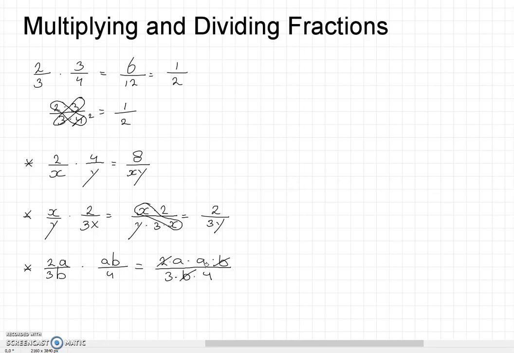Then the 2 vanishes and the 4 becomes 2. We are then left with a² in the numerator and 6 in the denominator, which we can also write down as 1/6 times a². When we do have the choice, we often choose to write down a fraction with letters in them, such that the letters are behind the fraction.